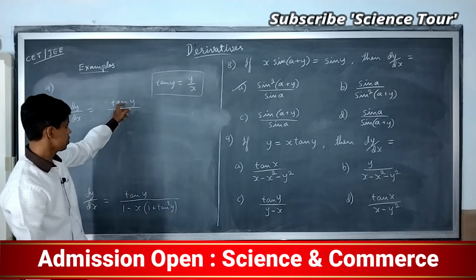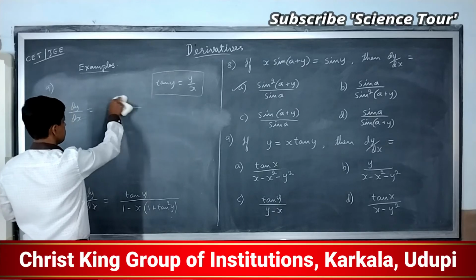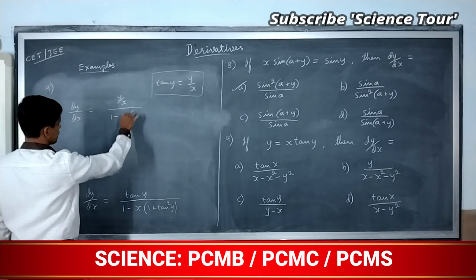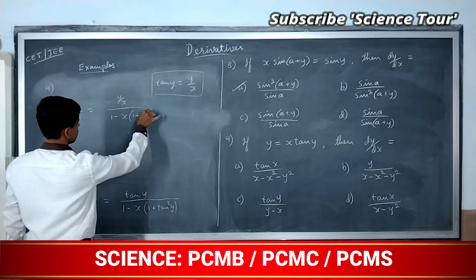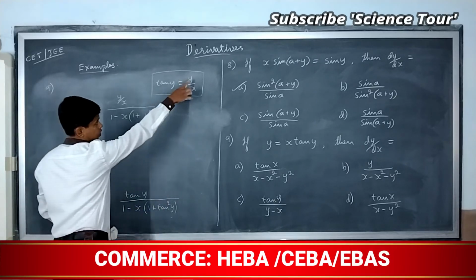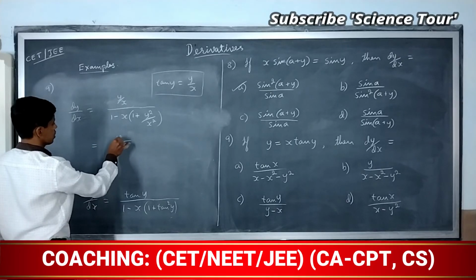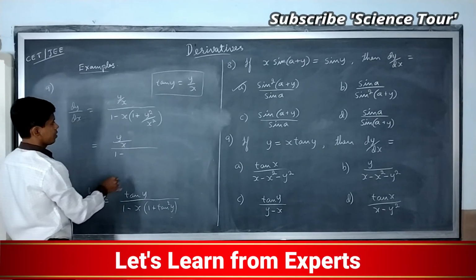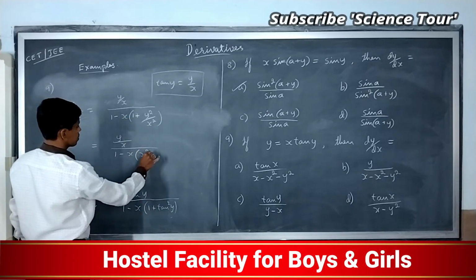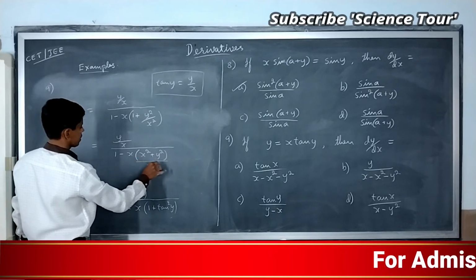So even in this place of tan y, we can replace y by x. Then 1 minus x into 1 plus y square by x square. I hope you understand tan square y, therefore y square by x square. Simplify this. So y by x on the numerator divided by 1 minus x into, take the LCM, so that would be x square plus y square and whole divided by x square.